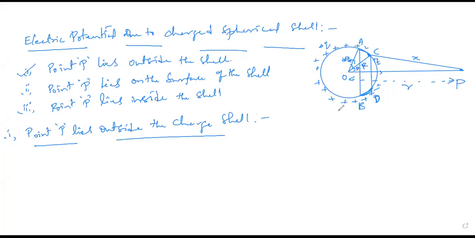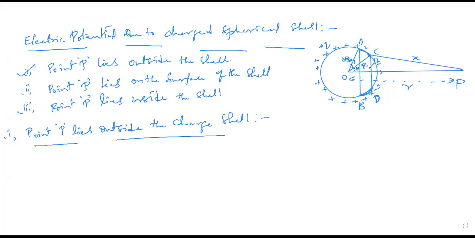Okay, everyone, so this is about the diagram part, and I have completed it. Here I assumed a charged spherical shell in free space, and the point P is taken outside this spherical shell, at a distance of small r from the center of the sphere, and capital R is the radius of the sphere.